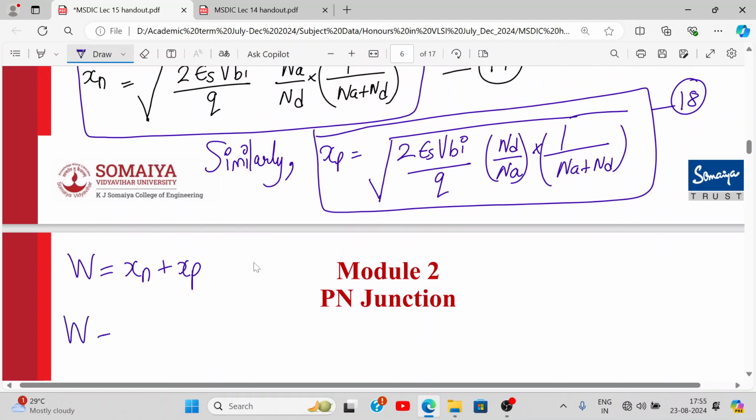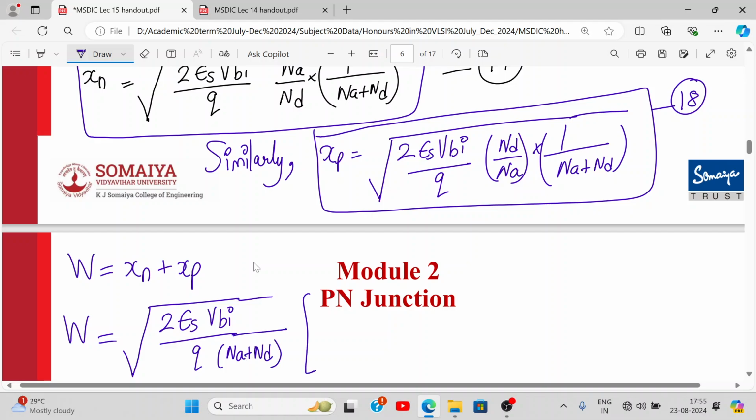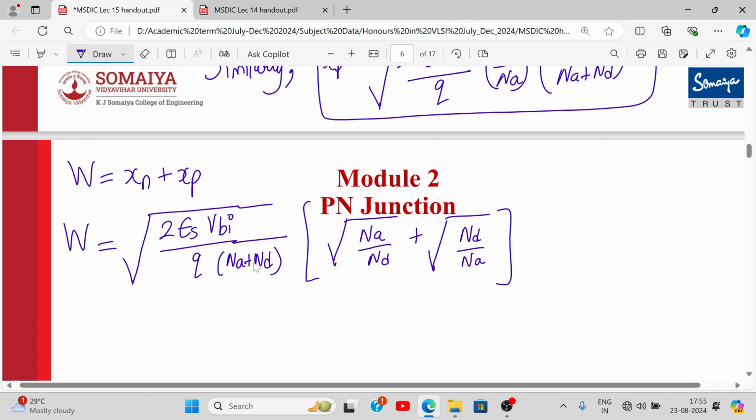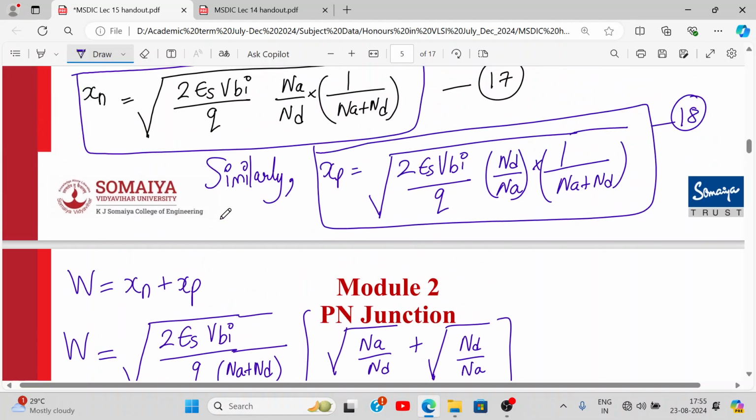So W will be the square root of 2 epsilon S VBI upon Q divided by Na plus Nd, and inside the bracket, we have the square root terms added. Is this correct?